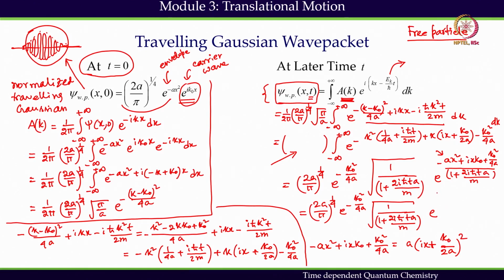It is e to the power a multiplied by (ix plus k naught by 2a) whole square divided by this term 1 plus 2i h cut t a by m. So this is the final expression we get for the wave function.